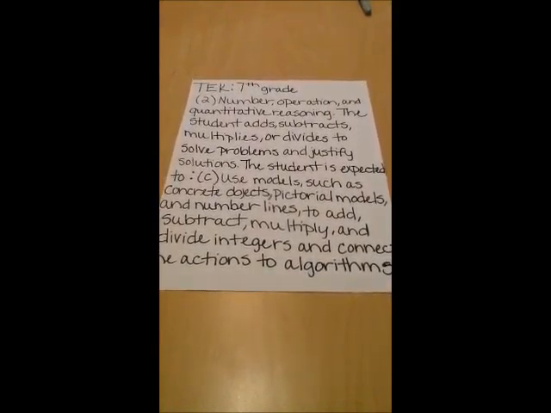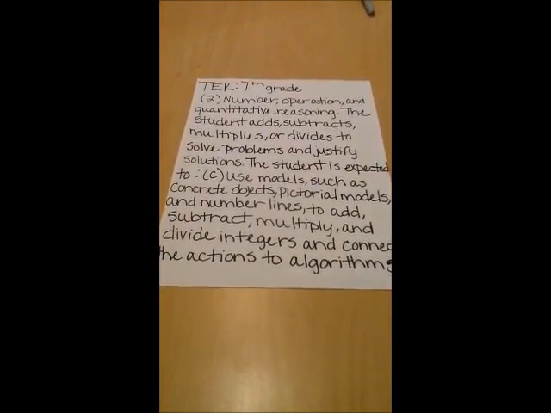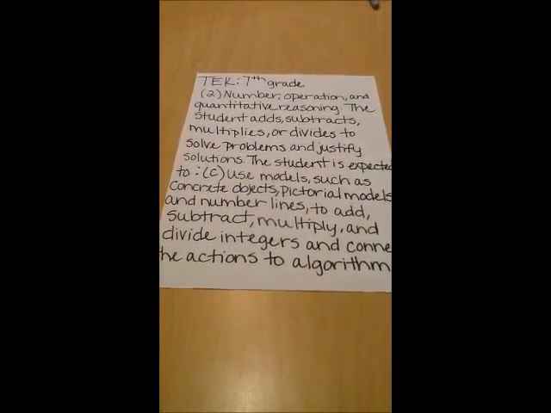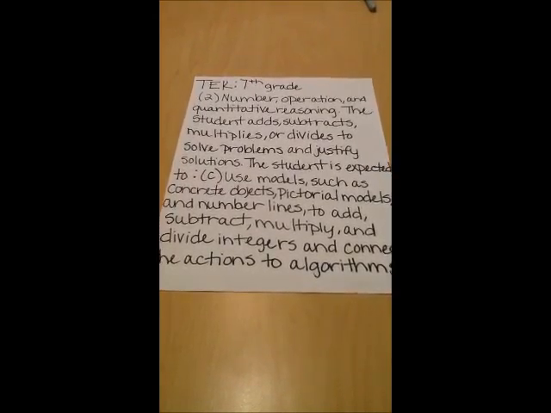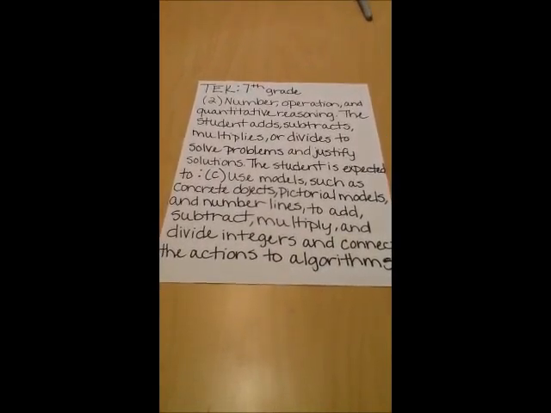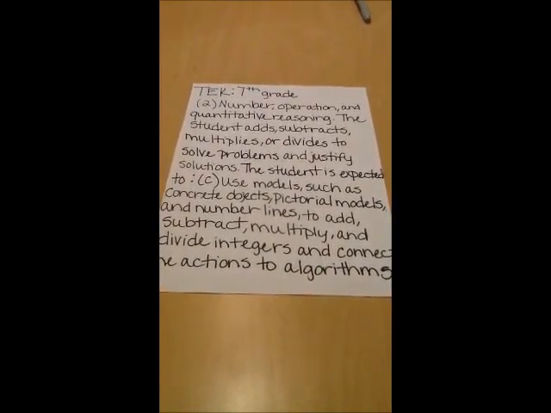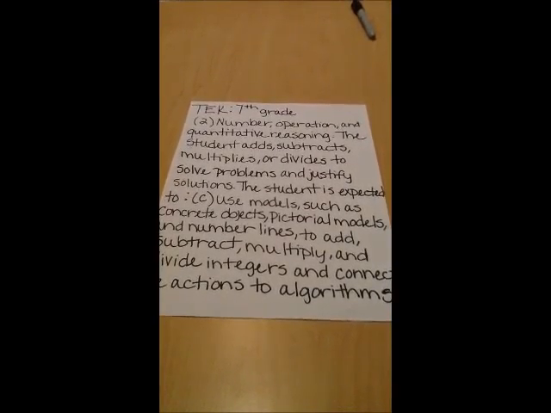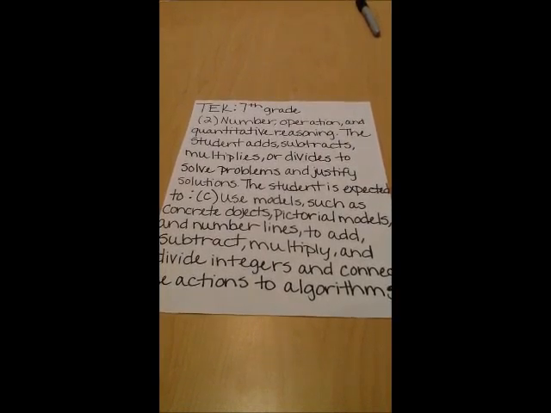The student is expected to use models such as concrete objects, pictorial models, and number lines to add, subtract, multiply, and divide integers, and connect the actions to algorithms. Today, we will be using counters as concrete objects and multiplication as our operation.